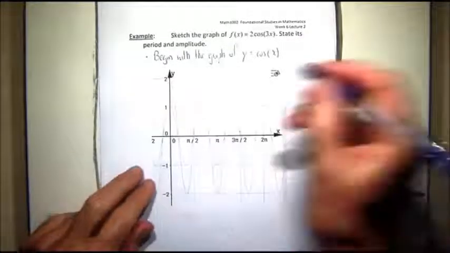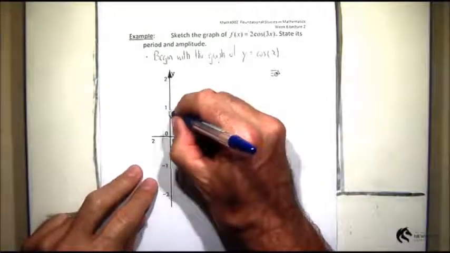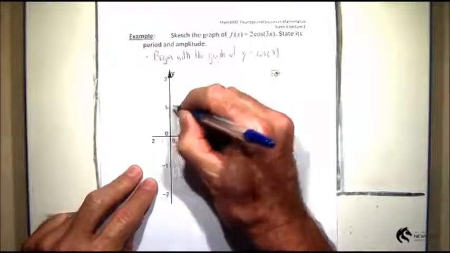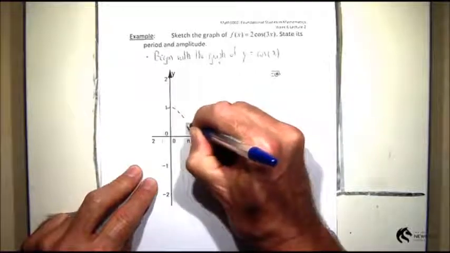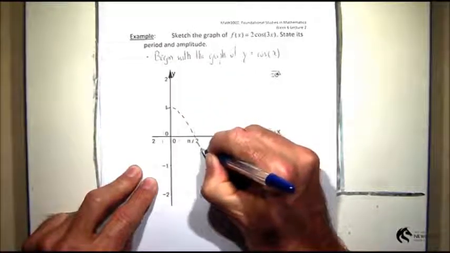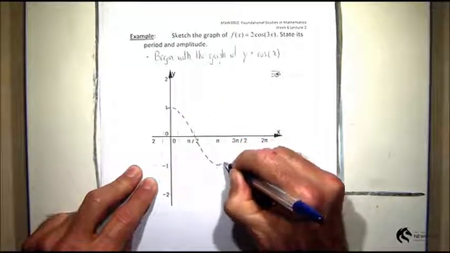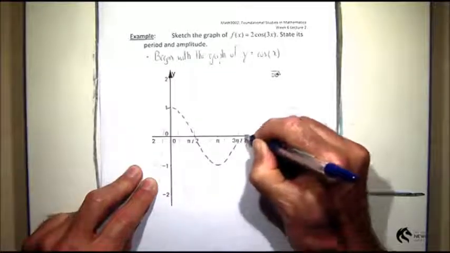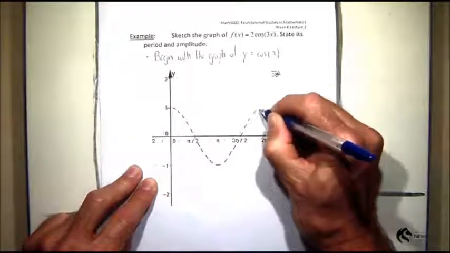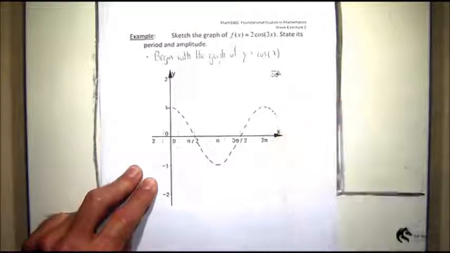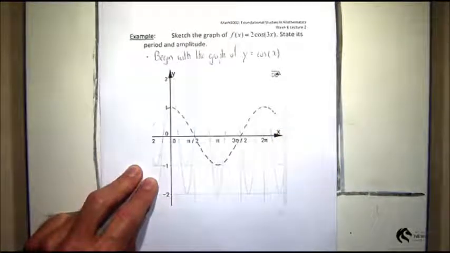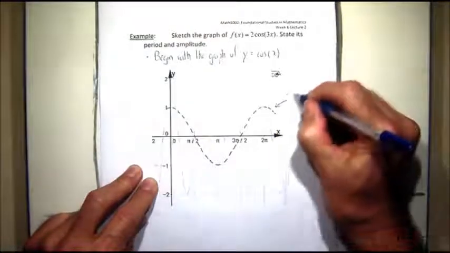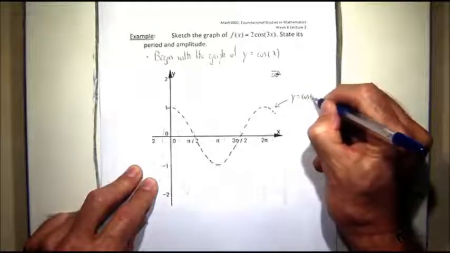And if I can recognise it in amongst all of this, it comes like this. And so there's our graph of y is equal to cos x.